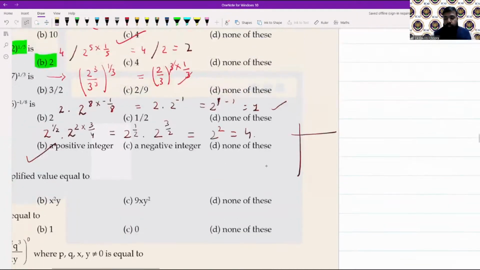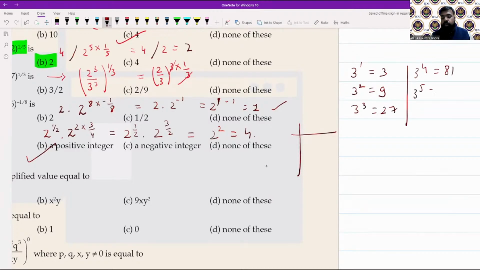So 3 to the power of 1 is 3, 3 square is 9, 3 cube is 27, 3 to the power of 4 is 81, then 243, then 729. At least you must have the knowledge of these figures so that you can directly write them. So no need to waste time in your calculations.